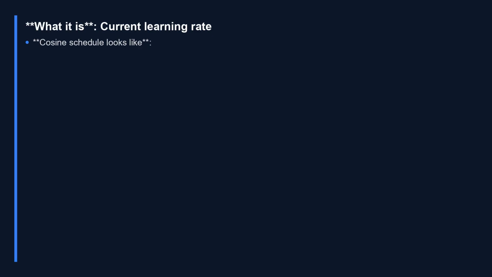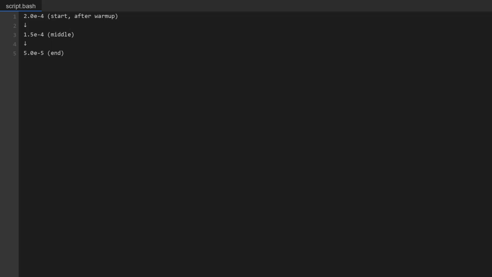The learning rate column shows you exactly where you are on the optimizer's schedule. With a cosine decay schedule, it follows a characteristic shape. Training opens at 2e-4, the peak learning rate, after a short warm-up phase where it ramps up from 0. That warm-up prevents large destabilizing weight updates in the first few steps when the gradients are noisy.